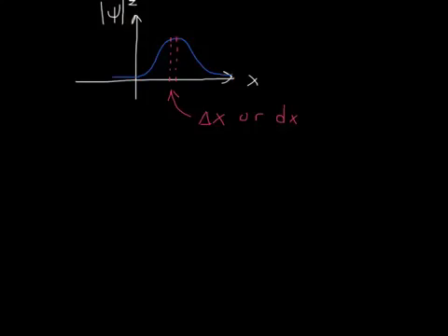Now, if I were to double my distance, suppose I made this width here twice as big. In other words, I looked at this entire region here. So that would be something like 2 delta x. The original delta x that I chose is smaller. This bigger region is like 2 delta x. Do I have a higher or lower probability, or is it the same probability of finding the particle in this small region versus in this region twice the size?